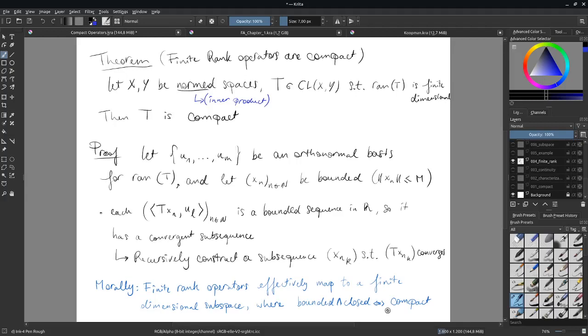So that is how you get a compact operator: just map to a finite dimensional space.